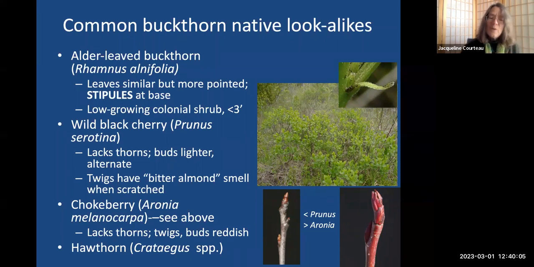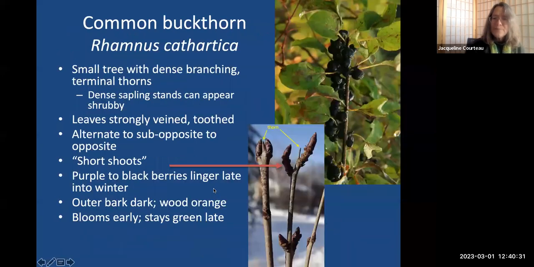They're also small trees with thorns, but they tend to have a little different growth form, and their fruits, if you see them, look like little apples. Again, they're in the rose family, so they're pomes, so they're not going to be those dark purple berries, but little pomes, often in clusters rather than those axillary groups.